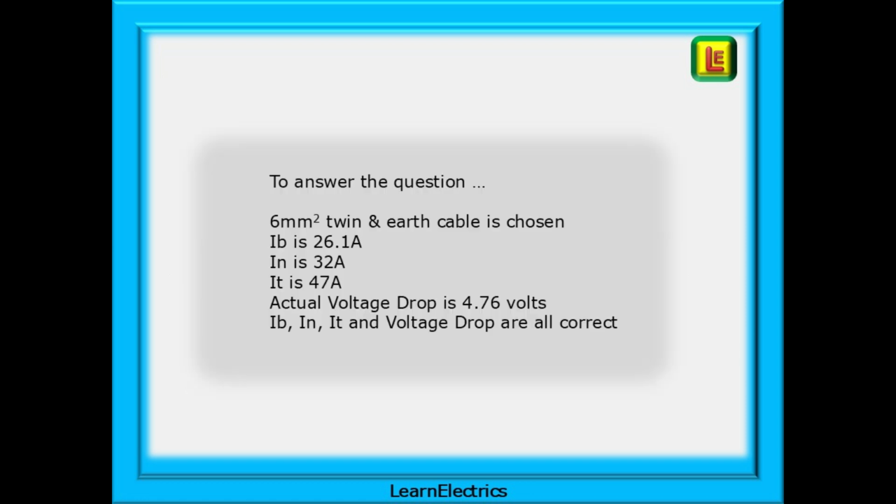To answer the question, 6 square millimeter cable is chosen, IB is 26.1 amps, IN is 32 amps, and IT is 47 amps. The actual voltage drop is 4.76 volts. Checking, we find that IB, IN, IT and the voltage drop are all correct.